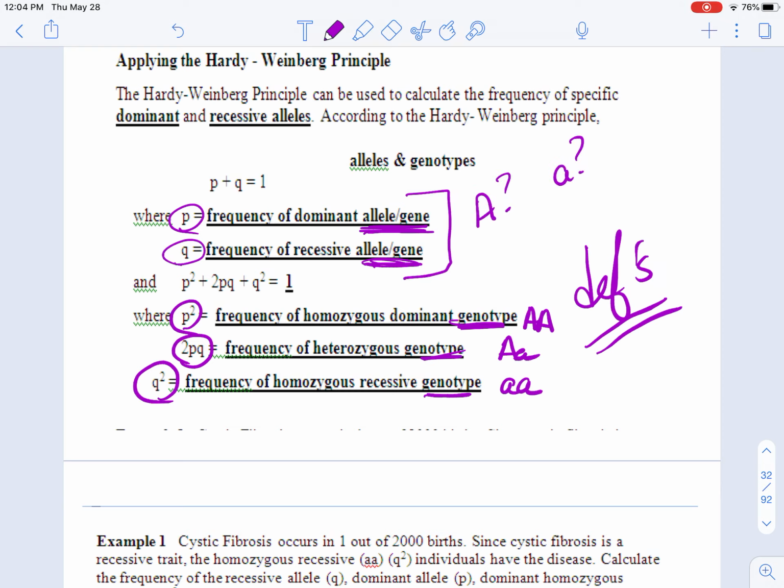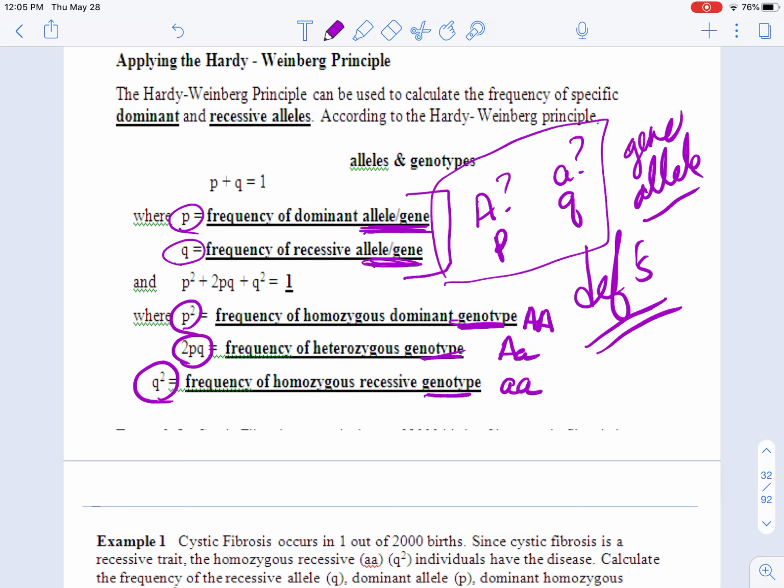So if you ever see gene or allele frequency, they're asking you how many are dominant alleles, how many are recessive alleles in your population, also known as p or q. So just remember gene or allele when that comes up, so you have the correct information for the formulas. Sometimes they give you one of these parts of the formula.